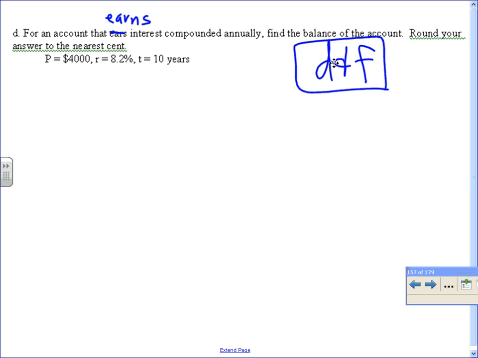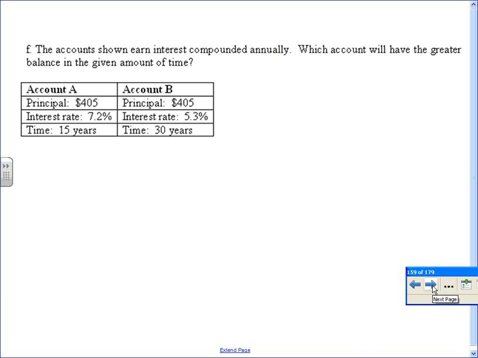Okay, let's go over these so I can explain the homework. Okay, letter D. Emma M, what did you get for letter D? Good. So everyone, make sure you have that for letter D. Okay, letter F. Charles, tell me what you have for account A. What's the balance?